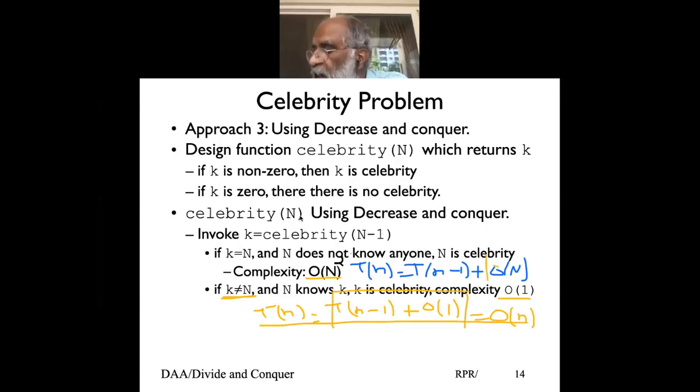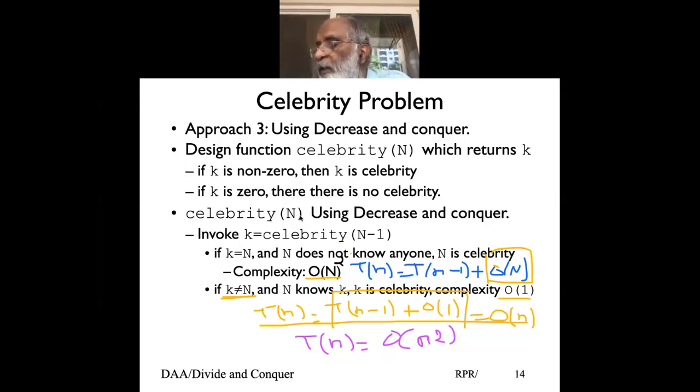Since this is the higher term, we solve it. Solving this equation will give me Tn equal to order n square. So even doing decrease and conquer, it still gives me n square time, whether you use an adjacency matrix, adjacency list, or decrease and conquer.